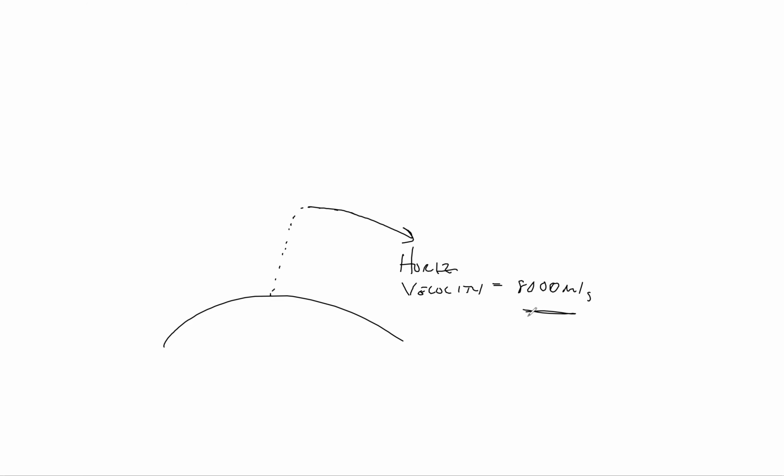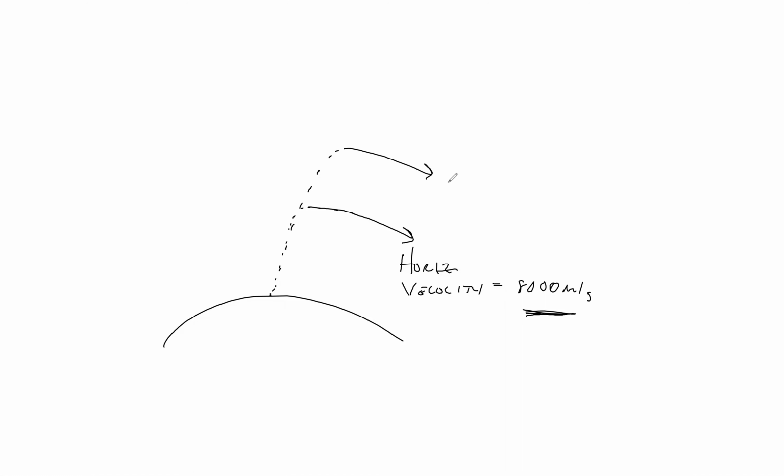Now, why does it have to fly at 8,000 meters per second? Well, because that is the amount of speed necessary to match the force of gravity of the Earth, okay? If you happen to launch that object higher into space, it actually can be less than 8,000 meters per second.